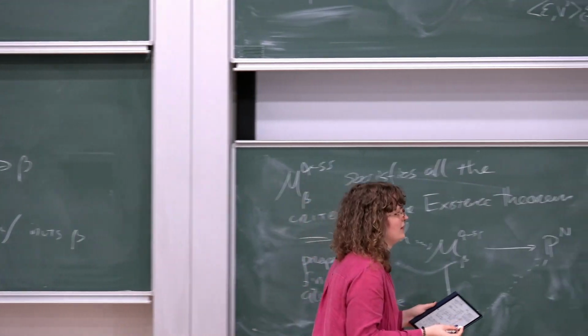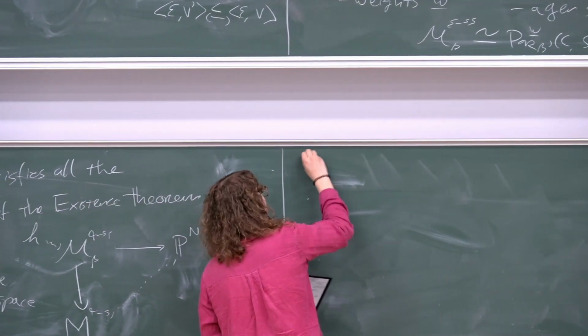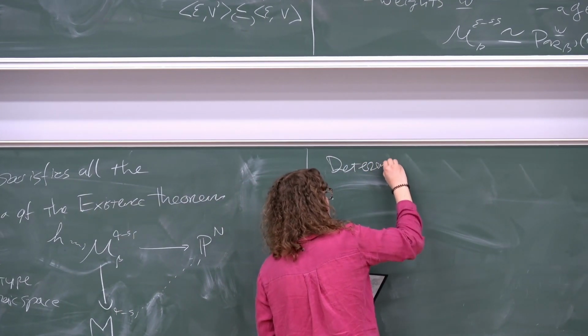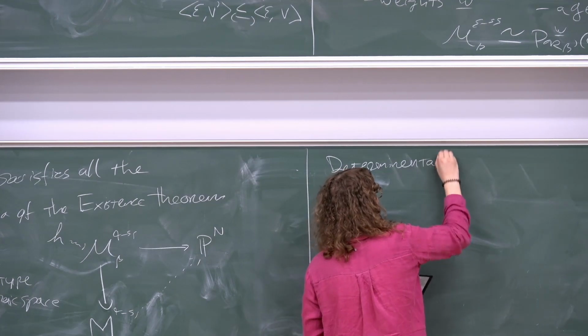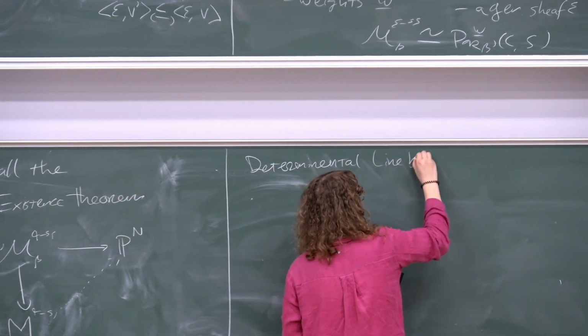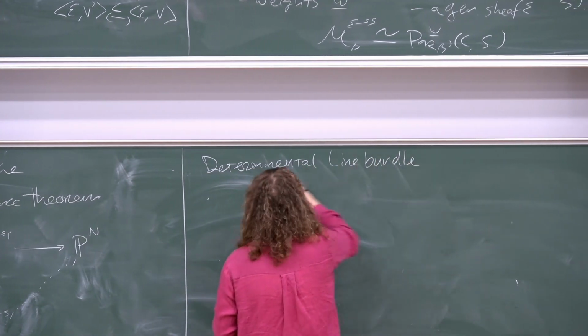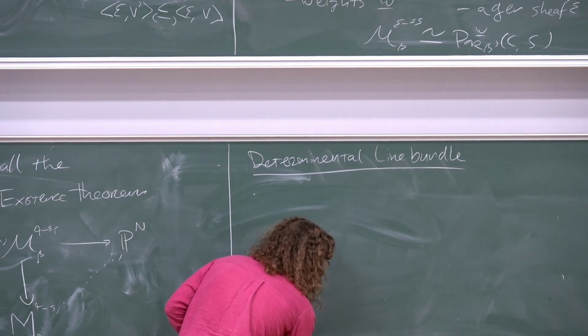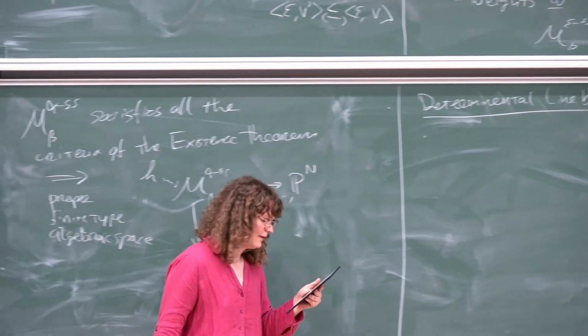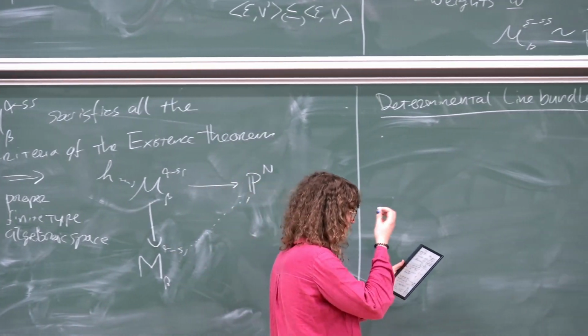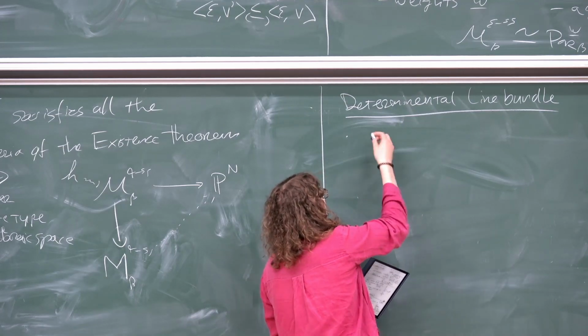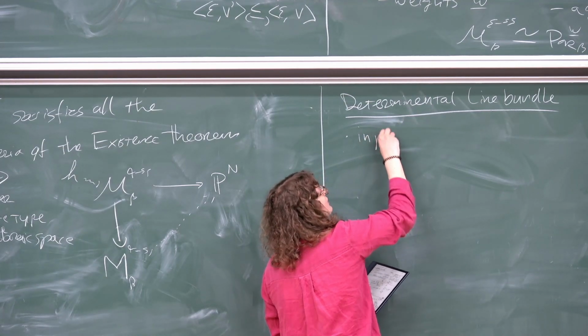Okay, let me write the line bundle down for you. It's called the determinantal line bundle. There's some input.